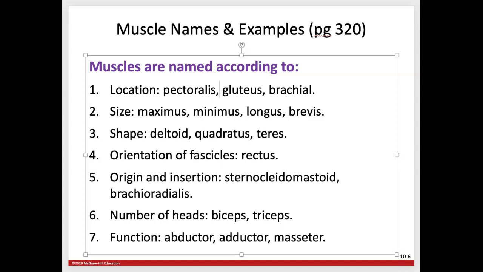If we're talking about the rectus abdominis muscle, which is found on the abdomen, then it is named by the orientation of the fascicles, which is rectus, as well as the location. So be able to apply this, if you see any given names of muscles that have any of these terms, or any that are listed in the book, then you should be able to tell me how they're named.